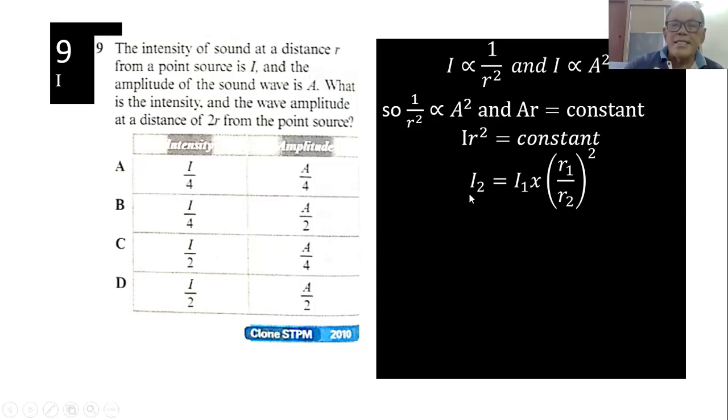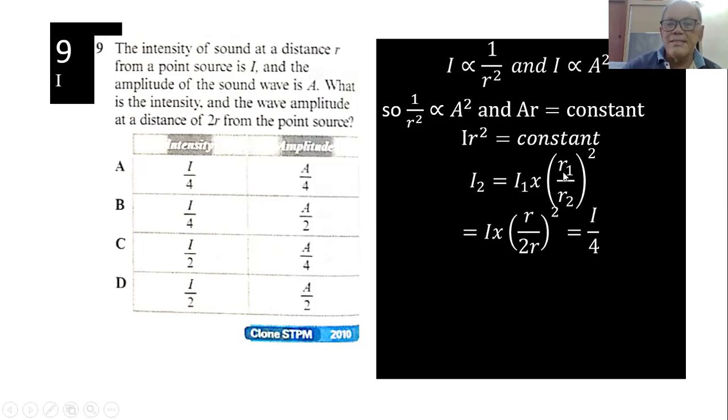So you want intensity to vary with distance. That's the old one. This is the new one. Right? You just use I2 R2 square equals I1 R1 square. Then you can rewrite that and put in your values.